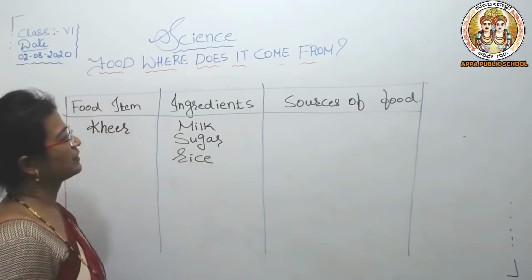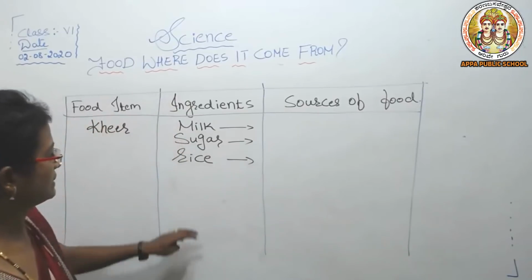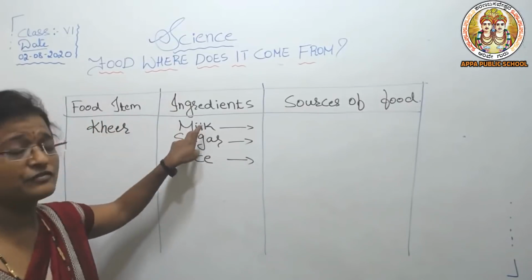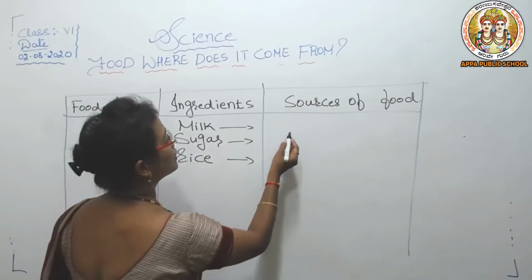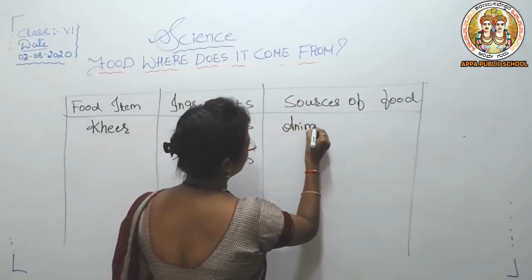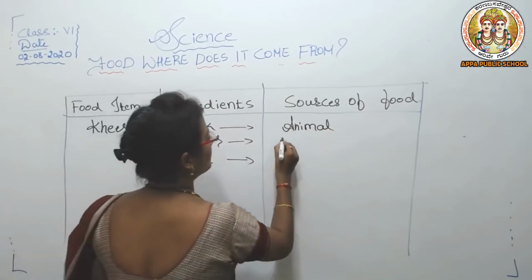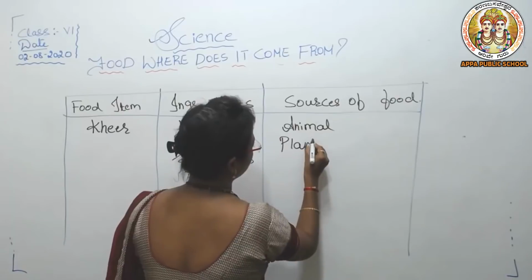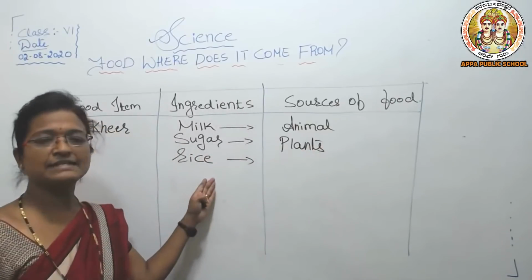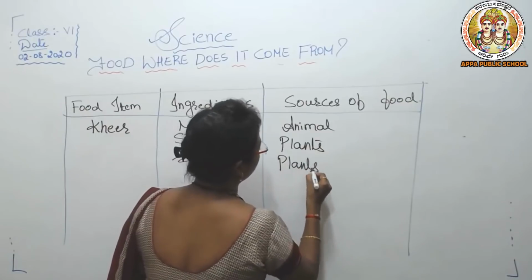Now we should see from which source we get each. Milk, we get from which source, animal or plant? Obviously, we get milk from animals. Sugar we get from plants, and rice also we get from plants.